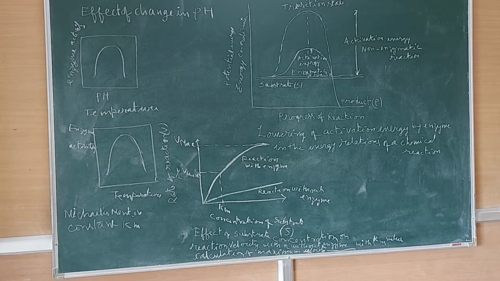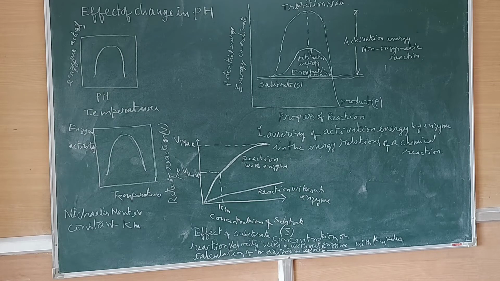The factors influencing enzyme activity. One, temperature. An enzyme is active within a narrow range of temperature. The temperature at which an enzyme shows its highest activity is called the optimum temperature.